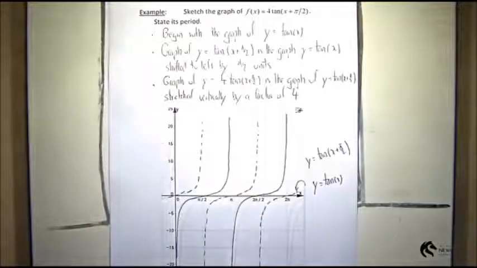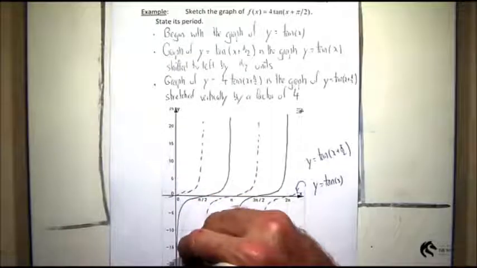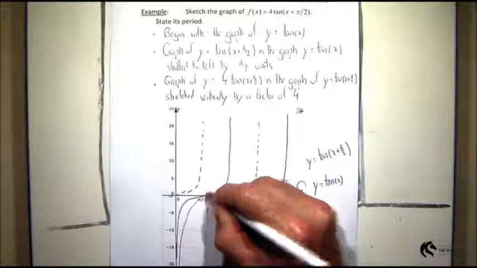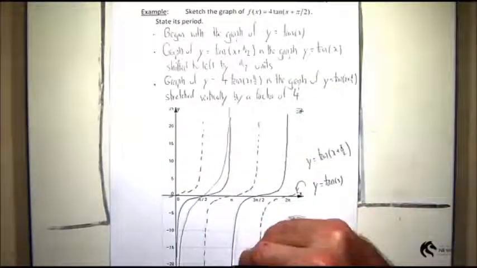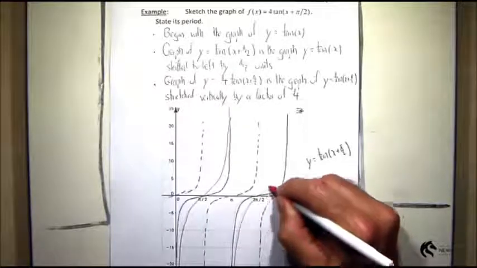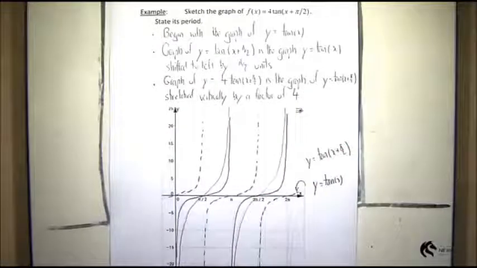So I just get hold of my tan x plus pi on 2 graph and stretch it. And so it will look like this. And so on.